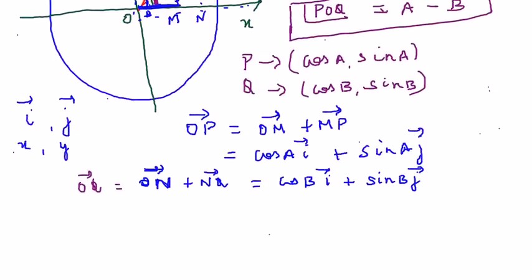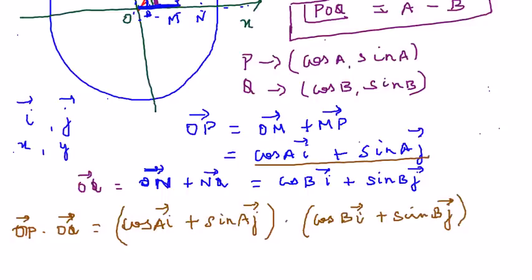Now let us do the dot product of OP and OQ. The dot product OP dot OQ will be (cos A i plus sin A j) dot (cos B i plus sin B j).